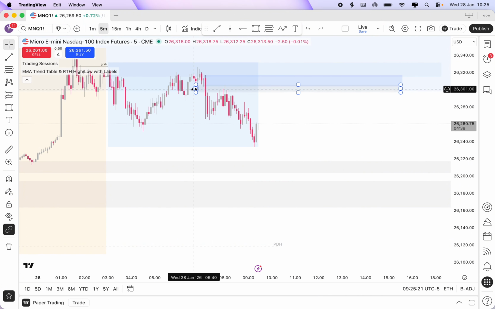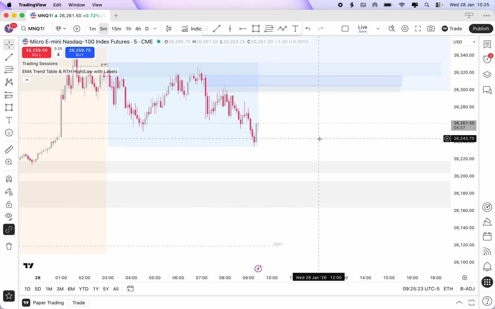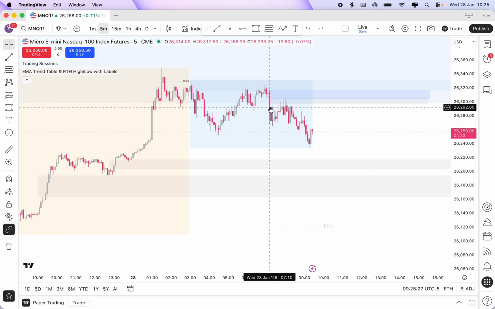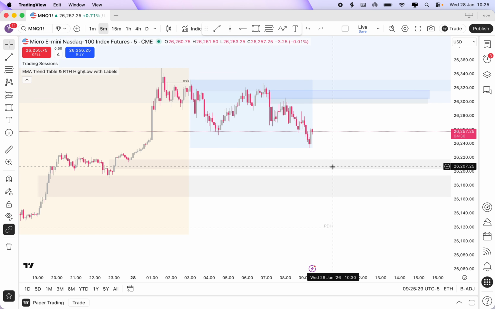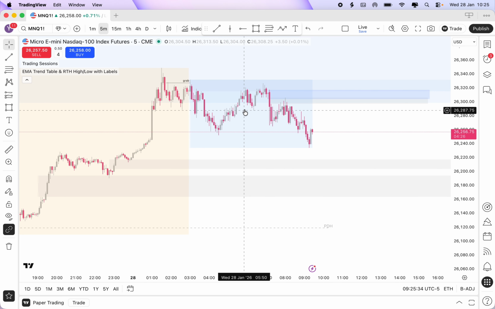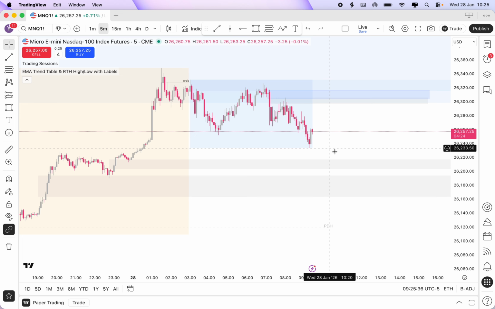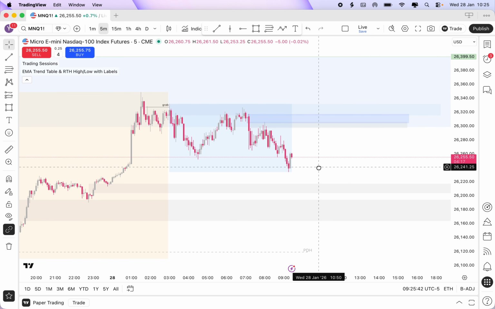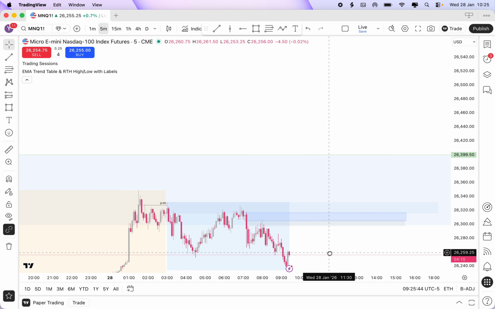Yeah, so what am I thinking? Looks like London's accumulating a little bit. Okay, because we started off London going down, then we went bullish for a little while, and then we're going down again. So I think New York wants to go up, just that last stretch for today, to hit this.